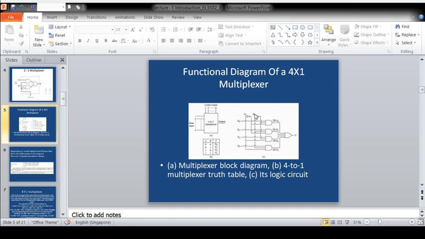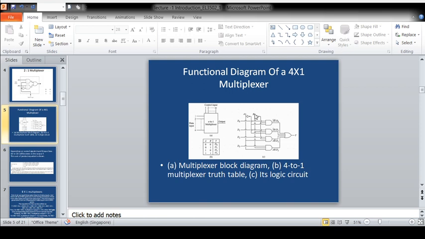The A and B control signals are available with their complements also, because we are using the NOT gate. So A and A bar, B and B bar are available with the control signals, and they are connected to one of the inputs of the AND gate. Another input is nothing but the data inputs, either D0, D1, D2 or D3.